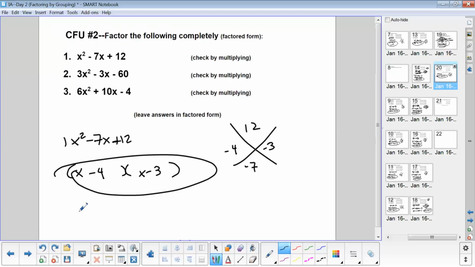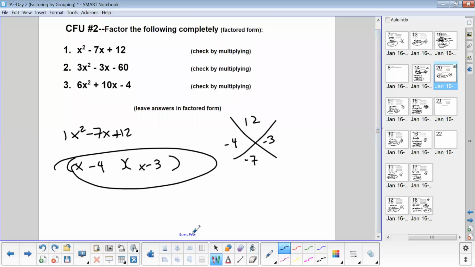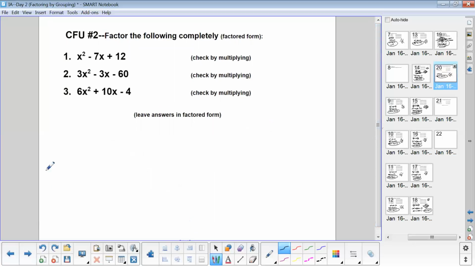Number 2, I've got 3x squared minus 3x minus 60. And always look to see if you can factor a term out, and you actually can here. So factor a 3 and you get x squared minus x minus 20.